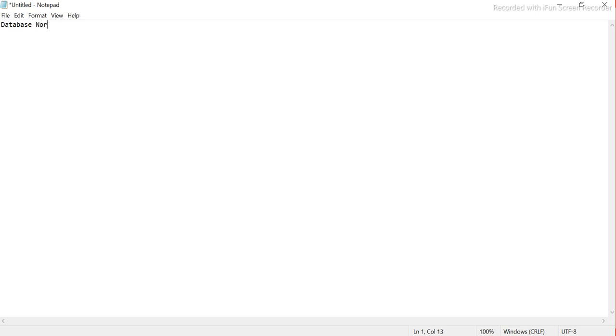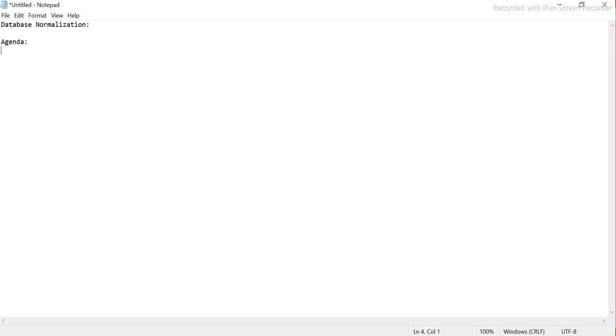Database normalization. So the agenda of this topic is, first of all, I'll try to explain why we need normalization and what normalization is in database, and then what the different types of normalization are, and then we will take examples and cover them, so that you all will be very clear. So let's start with the introduction and the definition at least.